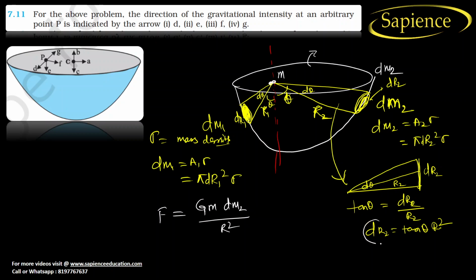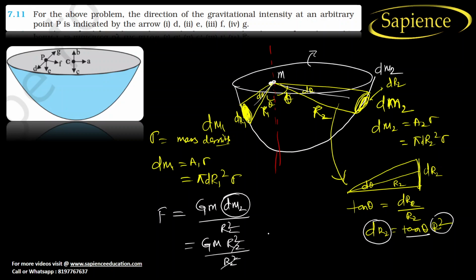But we have seen that dr2 is proportional to r2, because tan theta will be common for this area and this area. Why? Because we have assumed that both are inclined at a tan theta only. So we can say that dm2 is proportional to r squared. So can we write here G into m into r2 squared by r2 squared.